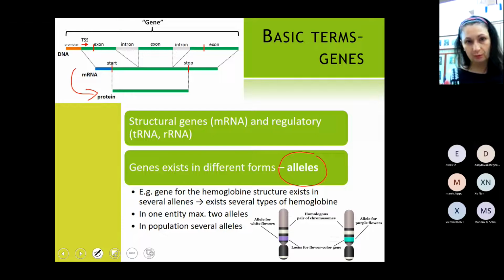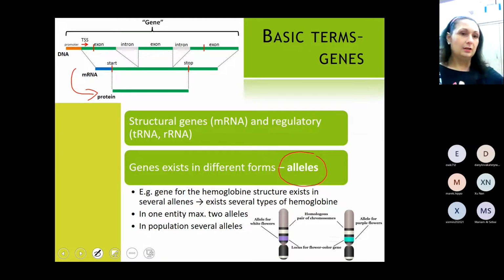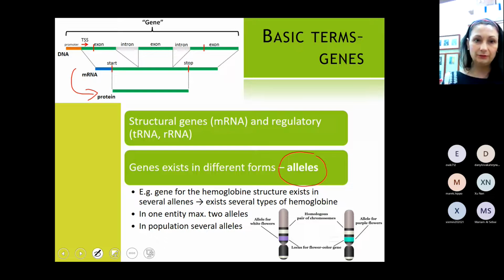All genes are present in our genome twice. One coming from father, one coming from mother. And because these two genes may in general be different, you inherited a different gene from your mother and a different gene from your father, and therefore we say that we have different alleles of one gene.